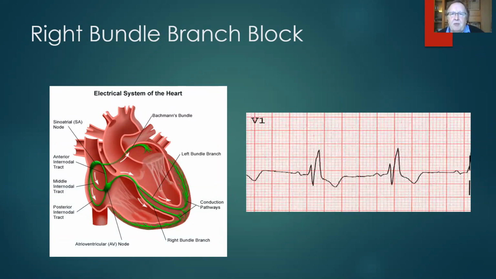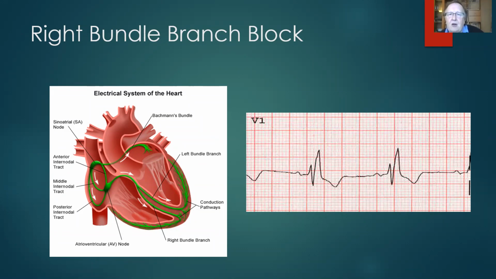The bundle branch blocks. Now, remember I said that the right ventricle pumps blood to the lungs, so that's our little bloke. The left ventricle pumps blood all the way down to the patient's toes, and that's our big bloke. Now, the impulse comes through the heart. We can see that there are P waves present. We can see the PR interval's fine.